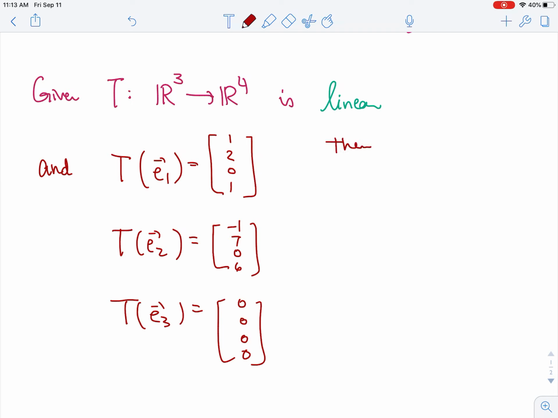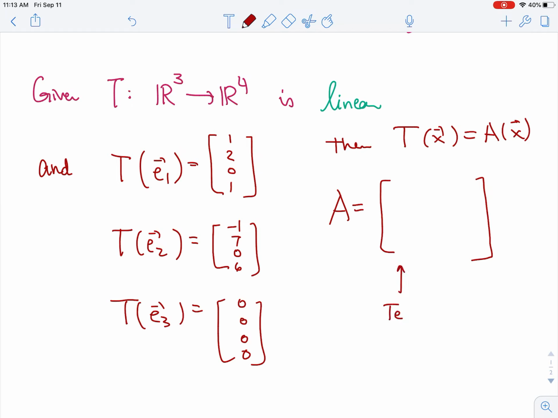So this is all just what you're given. Then T is just multiplication by a matrix A, where, what do I do? I take T of E1, and I put that here. I take T of E2, and I take T of E3. And let's just do that. Some random matrix, but that is going to be the matrix that gives that linear transformation.